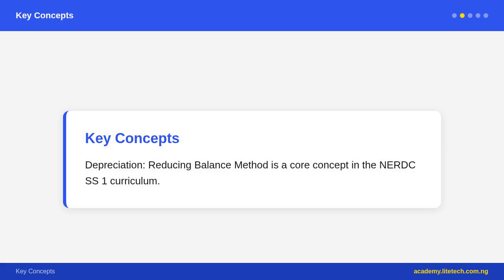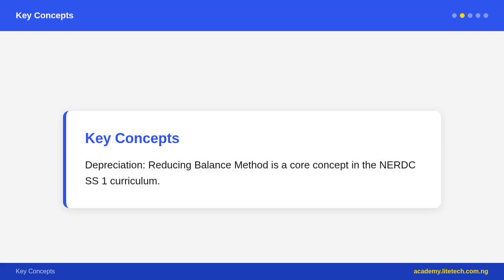Net book value, end year 4, equals 1,687,500 minus 421,875 Nigerian nairas equals 1,265,625 Nigerian nairas. Note: under the reducing balance method, the asset never reaches exactly zero, it asymptotically approaches zero.